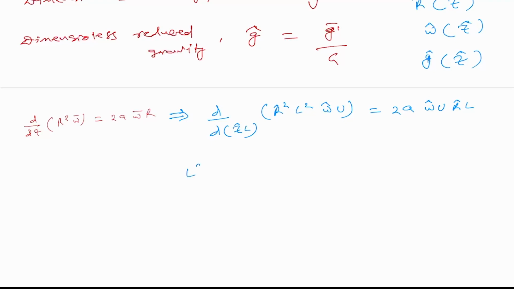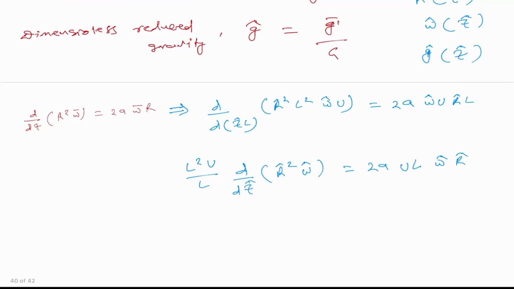So this becomes L square U over L, d by dz hat of R hat square W hat, equal to 2A U L W hat R hat. This cancels out, we are left with LU, and that cancels with this term.